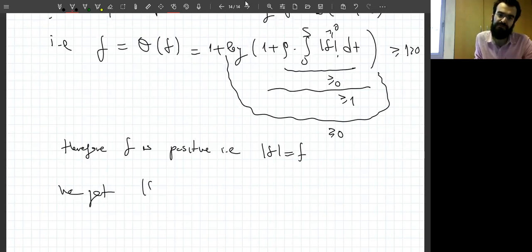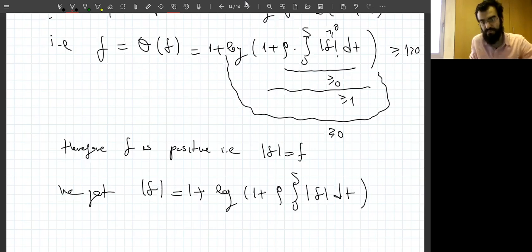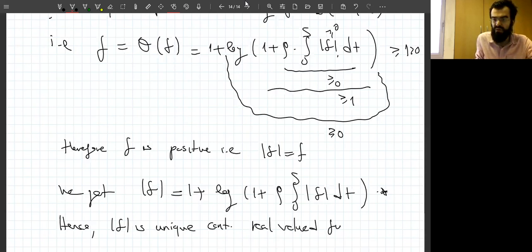Hence, as the question says, this function is the unique continuous real valued function on 0, 1.